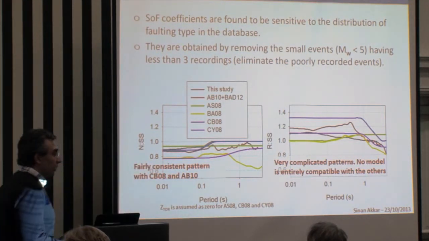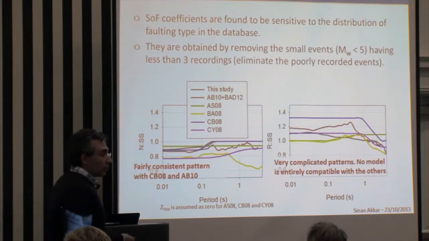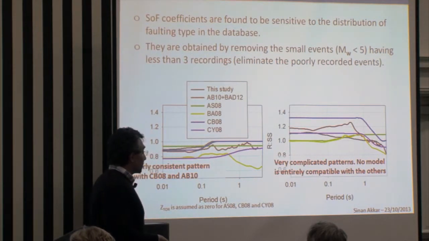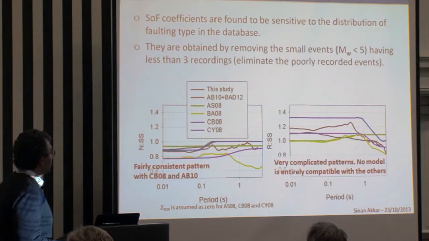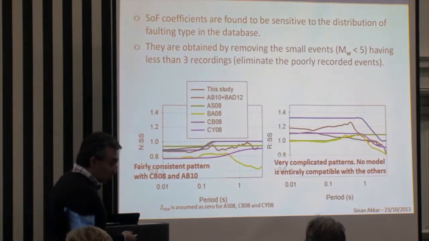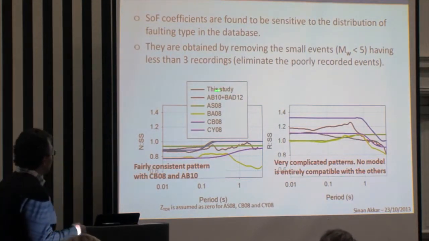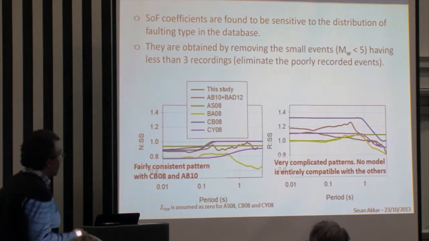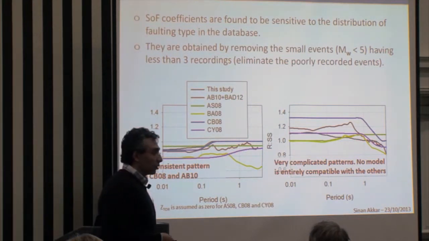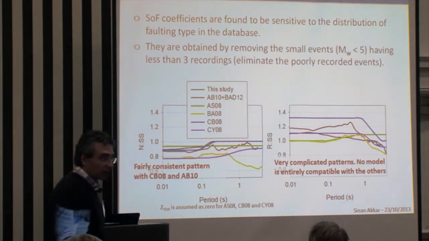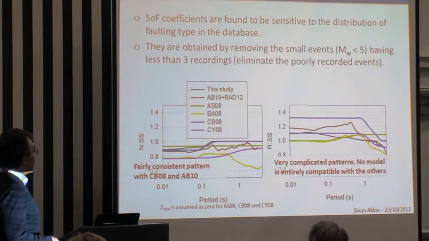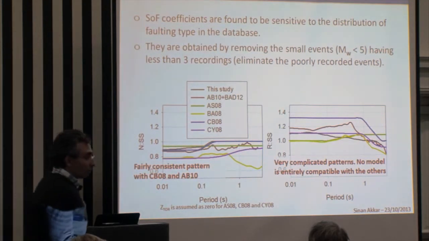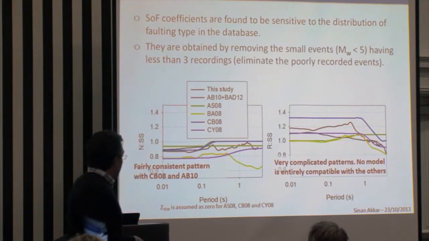So essentially what we did to come up with some reasonable coefficients for style of faulting is we used a subset of our database, and we removed very poorly recorded earthquakes from the subset, and then we derived our normal and reverse style of faulting coefficients.